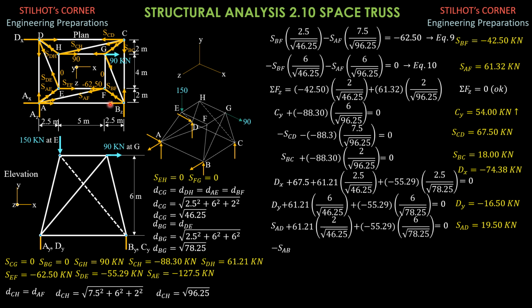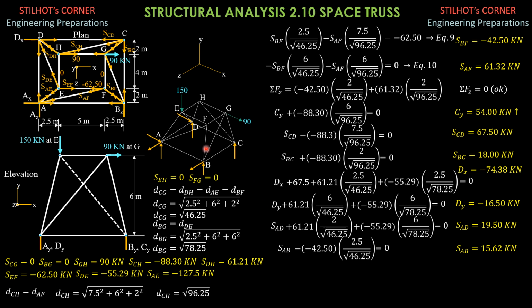SAB is to the left, so negative SAB. Then minus SBF, so minus negative 42.5 times 2.5 over square root of 46.25 distance. Then no more, equals 0. So SAB is positive 15.62 kilonewtons.